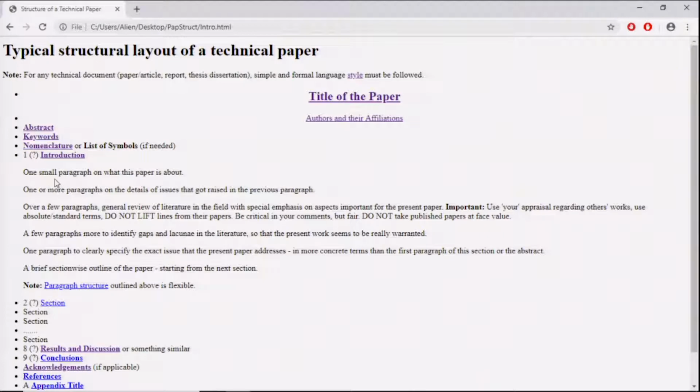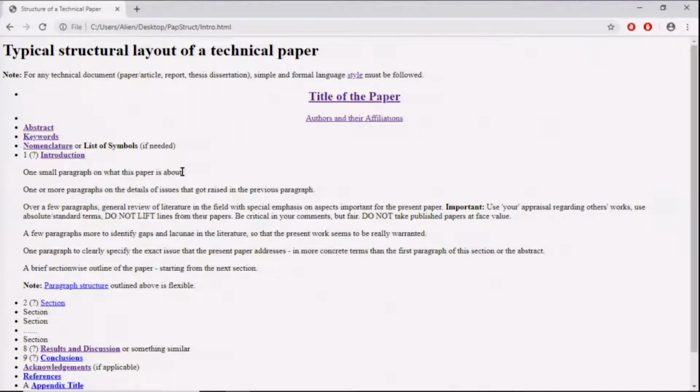And then you spend 1 or 2 more paragraphs on the details of issues that got raised in very general terms here. Through these paragraphs, you have started addressing the focused audience, who will get more details of the issues which were raised here.